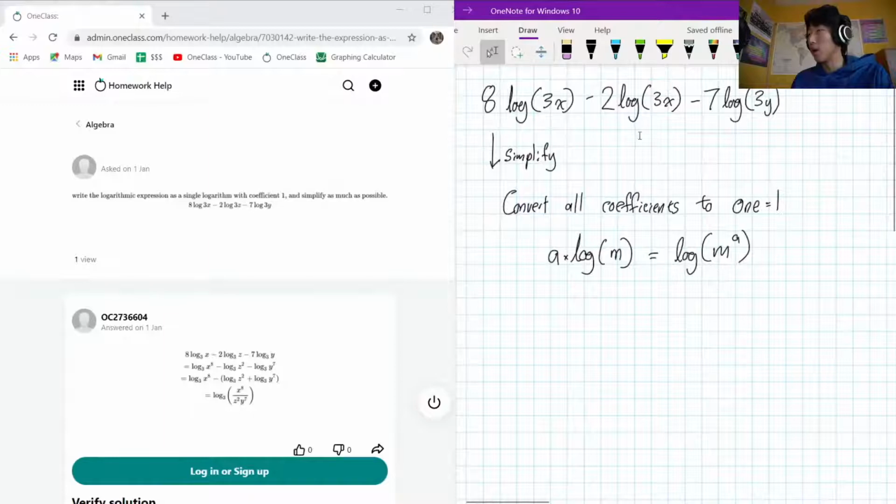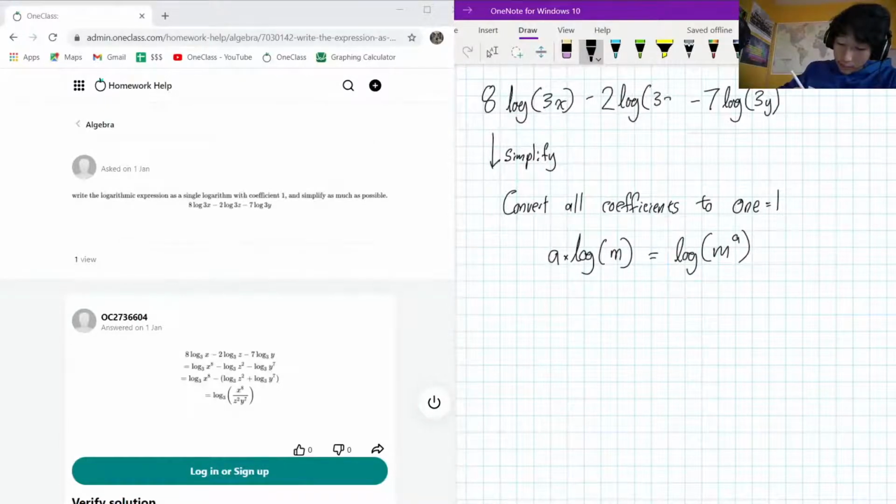Oh, whoops. There are a couple different ways that we can interpret this. I think the given answer here interpreted it as the base, but we can interpret these as having a coefficient 2. And also that's z instead of x. Whoops, my bad.